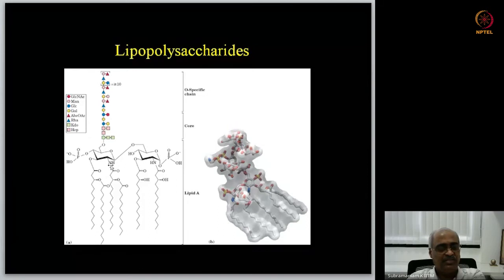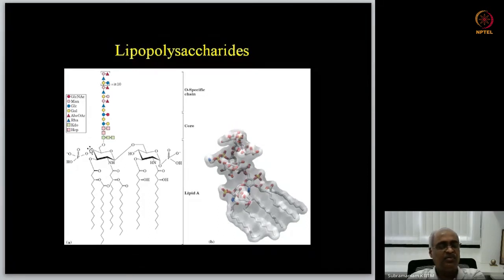So here you have this N-acetyl group. And here, instead of uronic acid, a carboxyl group or a sulfate, you have phosphoric acid attached. That is all. Otherwise it is just a regular N-acetyl glucosamine, and this is another N-acetyl glucosamine, and they have multiple fatty acid moieties attached.